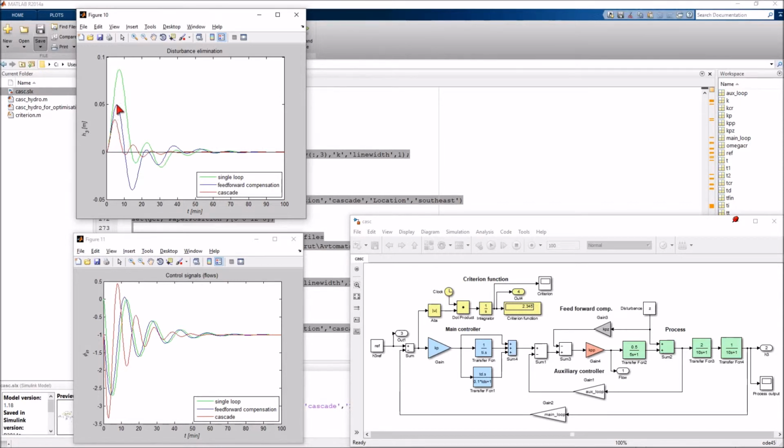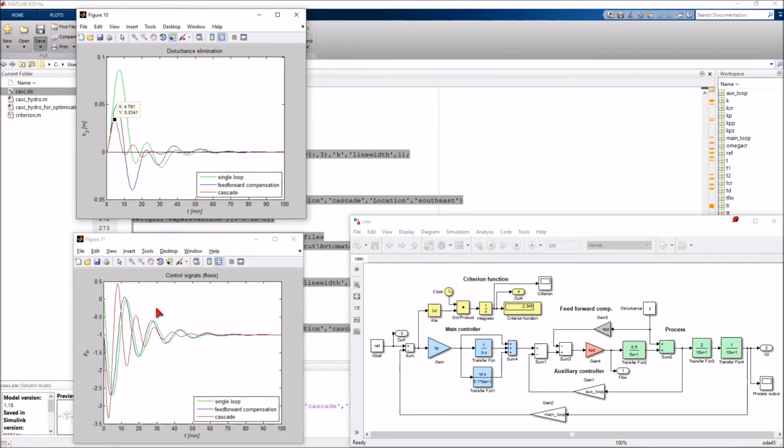So these peaks should be as small as possible. We can measure these peaks. In the case of single loop control, this peak is approximately 0.09. For feed-forward compensation, 0.05, and for cascade control, 0.03. So the advantage is really very big.